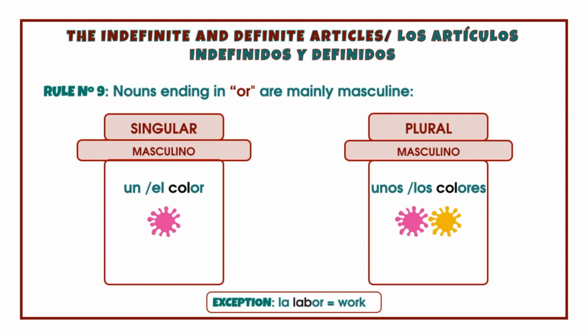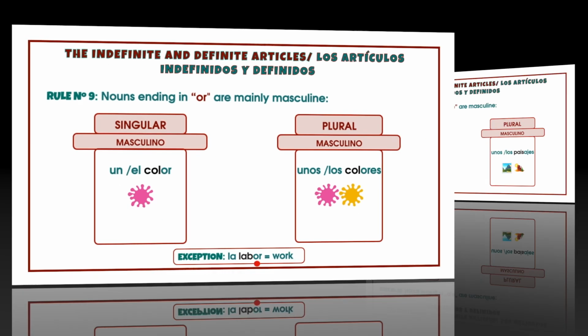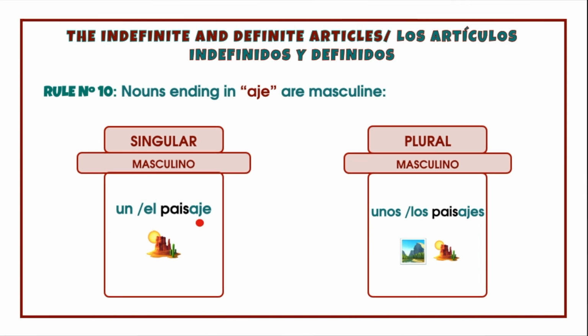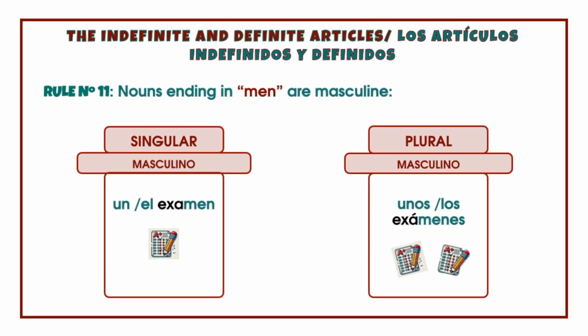Nouns ending in or are mainly masculine, such as el color and its plural form. Exception, la labor, work. Rule number 10. Nouns ending in aje are masculine, such as el paisaje. Rule number 11. Nouns ending in men are masculine, such as el examen.